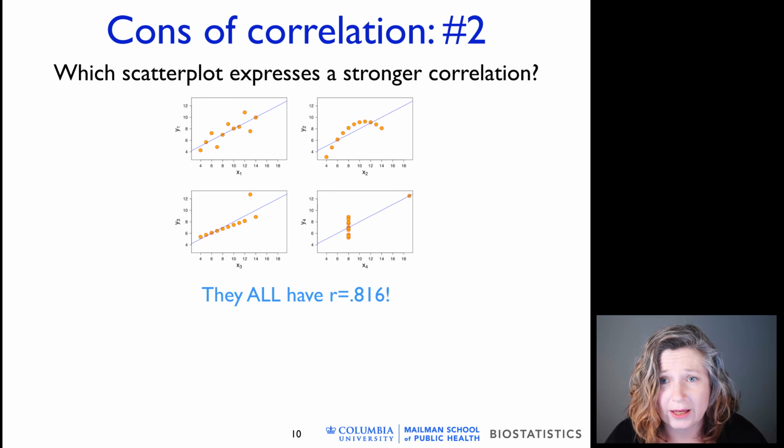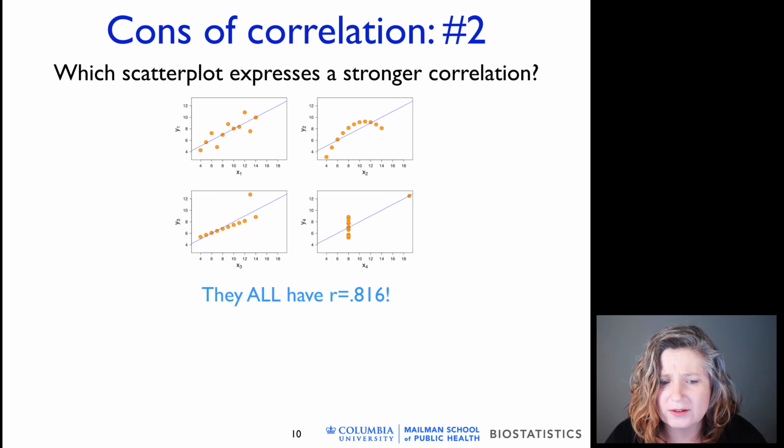But again, correlation is a measure of linear association between x and y. So correlation as a coefficient is a correct measure only for the first scatter plot. The first scatter plot has a linear association between x and y, and correlation would be an appropriate measure.